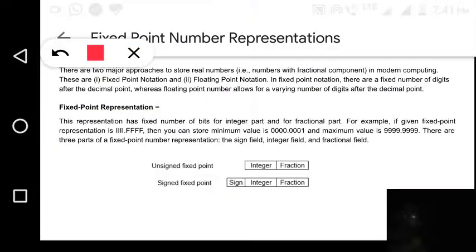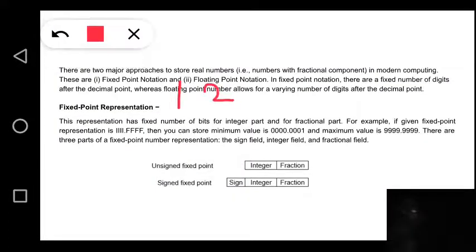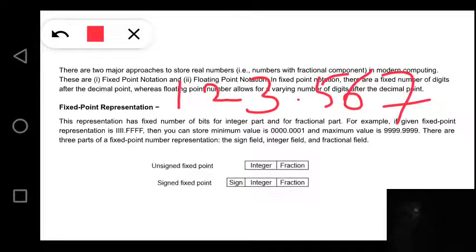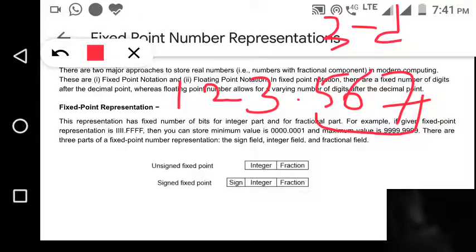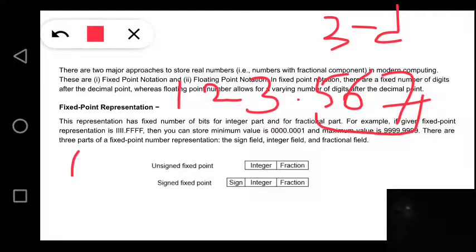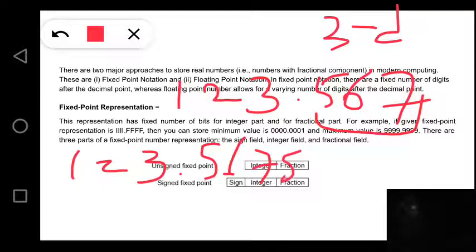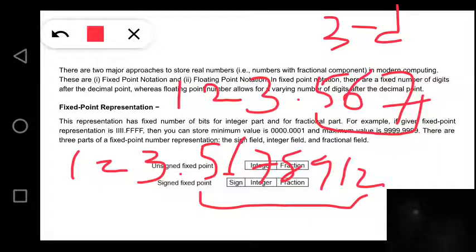To say it simply, if I have 123.567 and after the decimal point it should have only 3 digits, this is called fixed point representation. Floating point, yes, after the decimal point you can have any number of digits.